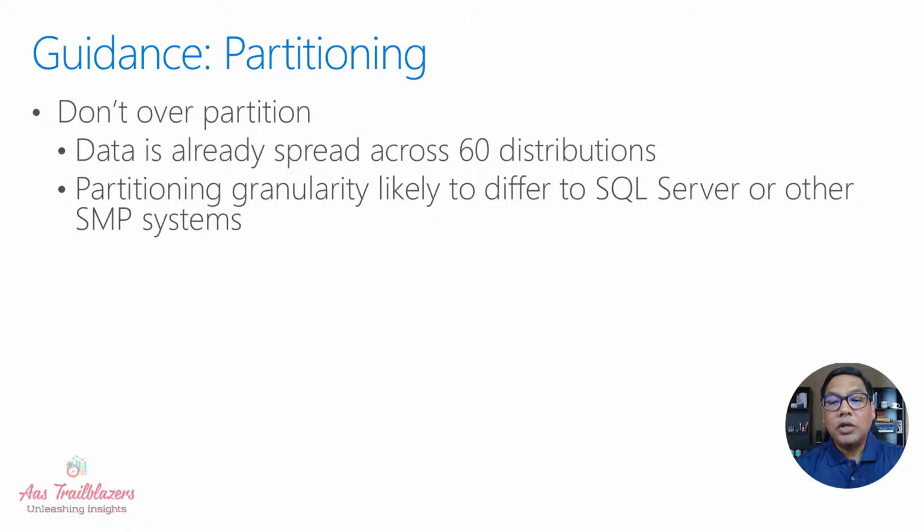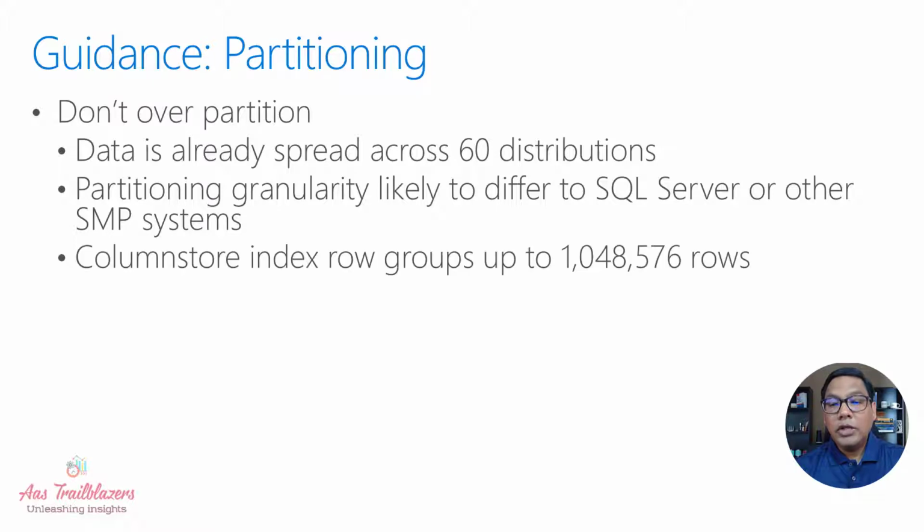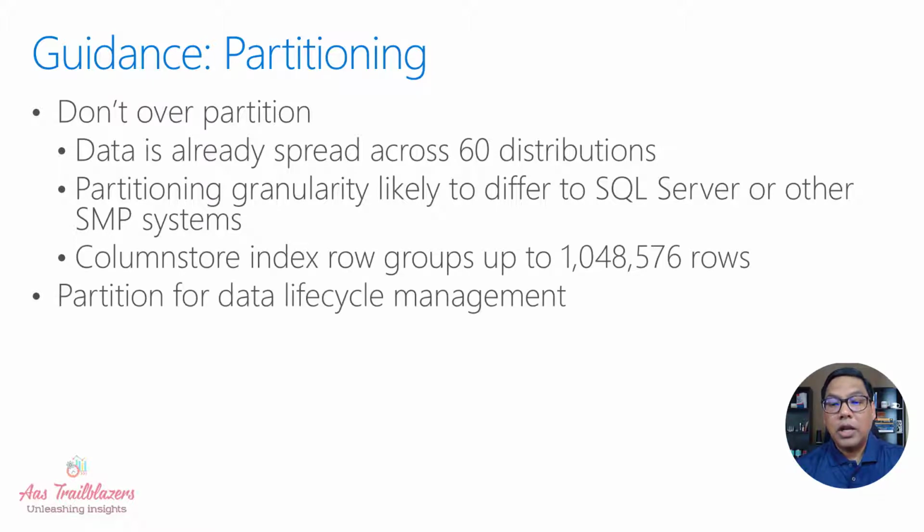That means you have to consider going up in granularity for creating partitions. Instead of a day basis, you might consider a weekly, monthly or yearly basis. Although there is no hard limit on the number of partitions or granularity you can define in SQL pool, ensure each partition from each distribution has close to 1 million rows for better compression and performance of your clustered columnstore index.